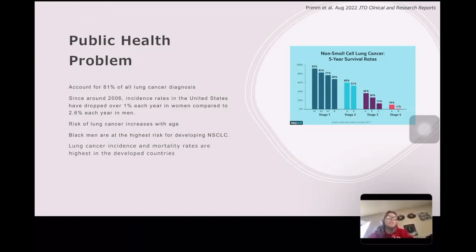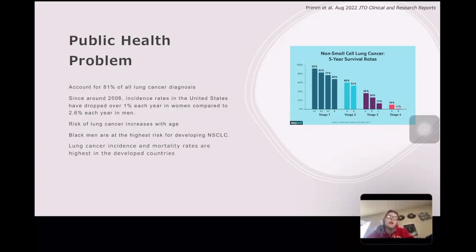But since around 2006, the incident rates have dropped 1% each year in women, and then 2.6% each year in men. The risk of lung cancer is going to increase as you age, as is true with most lung cancers. And in a study of 325,138 patients diagnosed with non-small cell lung cancer, the highest affected population were Black males aged 65 and older.